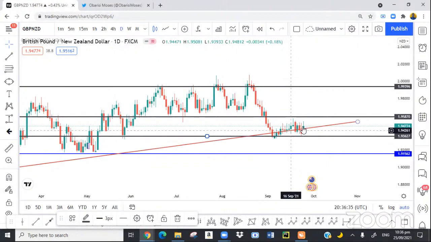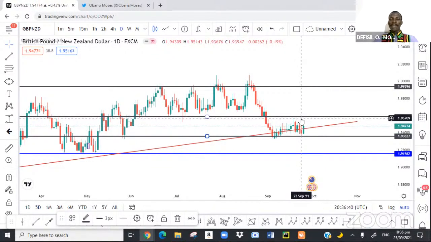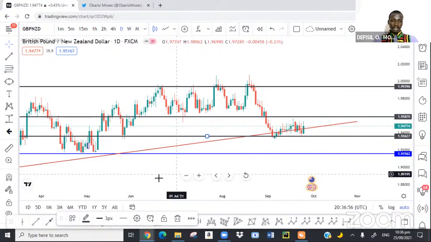Since the time frame is a higher time frame, we will not just call it a consolidation. We'll refer to it as another range because, if I'm not mistaken, we'll have over 100 pips in that space there.